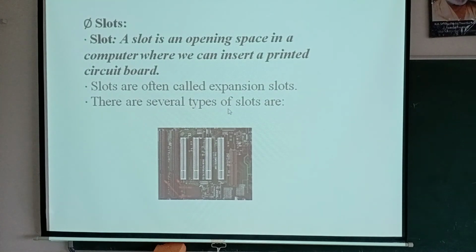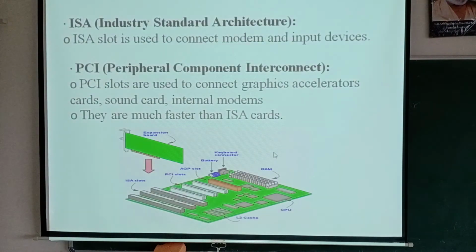There are several types of slots available, because each slot has its own functions. Let us see one by one what they are. First one is ISA. You can see in this picture of the motherboard, these are all slots, but each slot has its own name and specification.